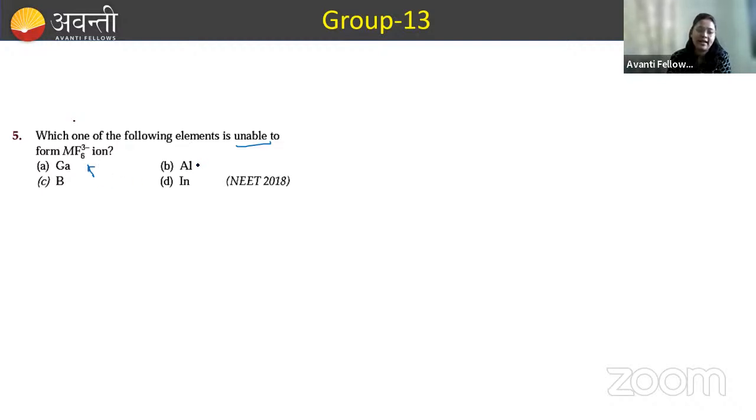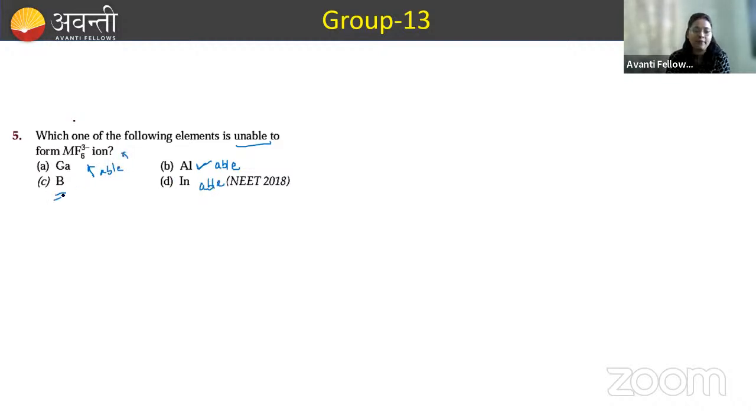So right now we have seen that aluminium can add up to 4 to 6 ligands to itself. So that's why it will be able to form the ion, because of the presence of 3d orbitals. So as we move down from below boron, all are having 3d orbitals. So that's why they will be able to form the ion.